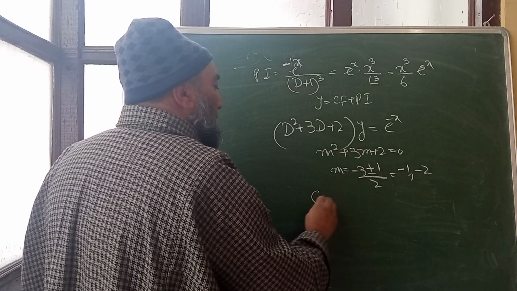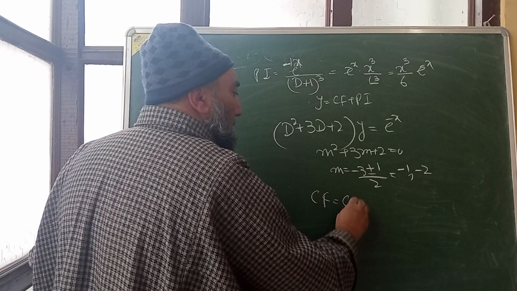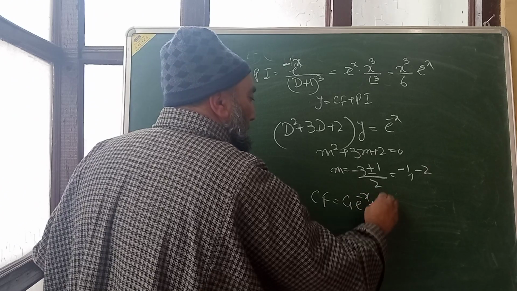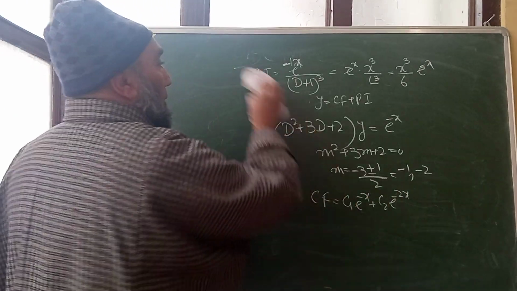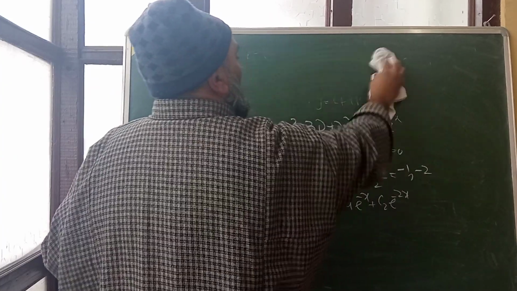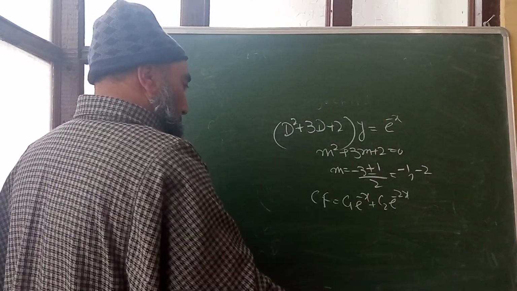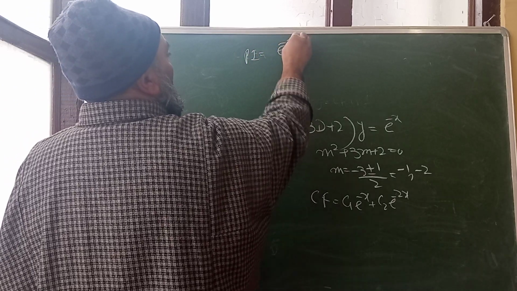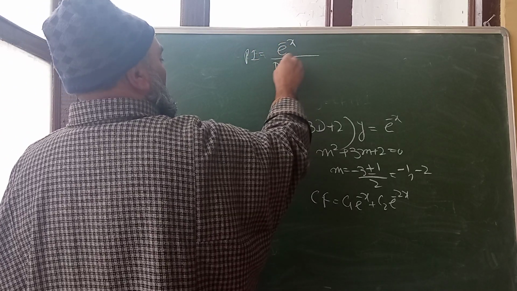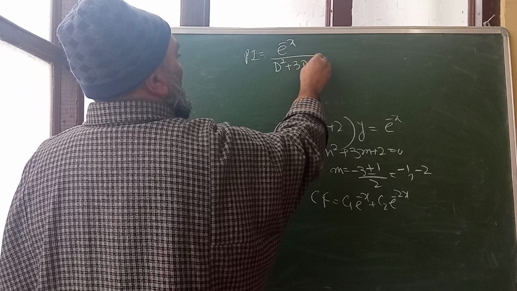So the complementary function is c1 e raised to the power minus x plus c2 e raised to the power minus 2x. Now the particular integral is e raised to the power minus x over (D square plus 3D plus 2).